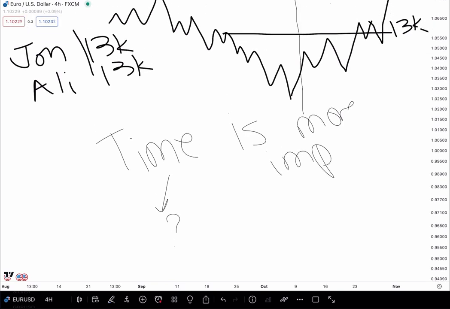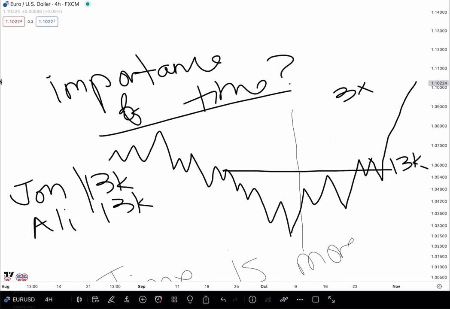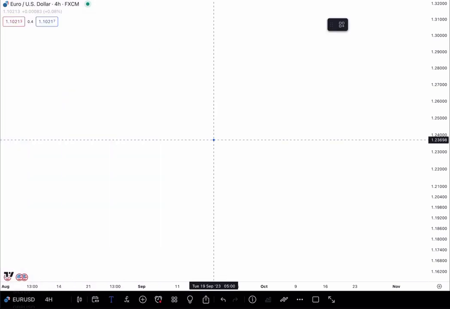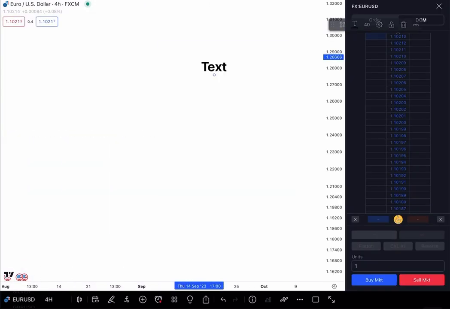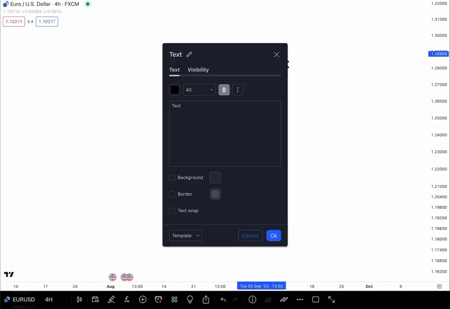You can do it through price or through time. Before we get into it, let's first talk about the divisions of time.